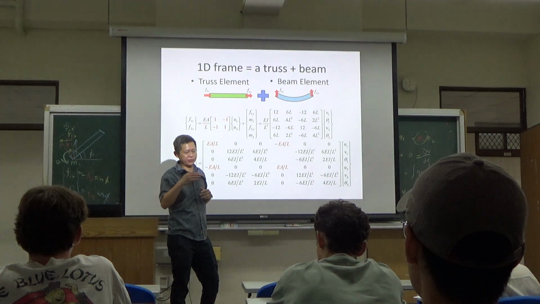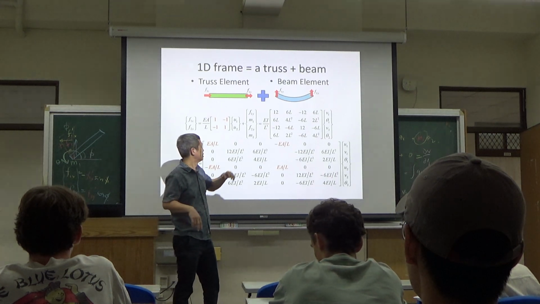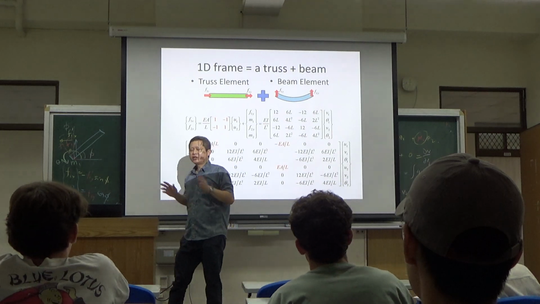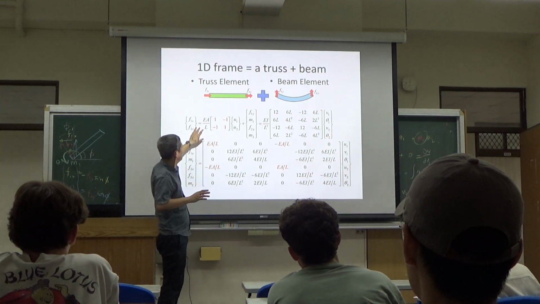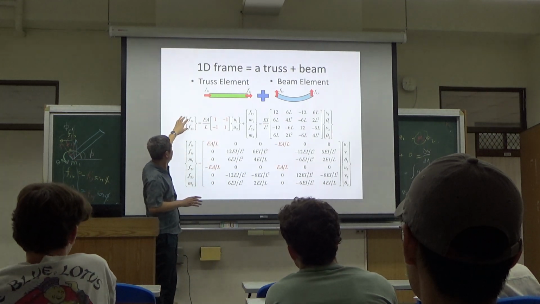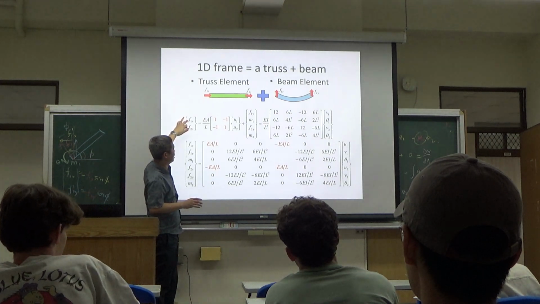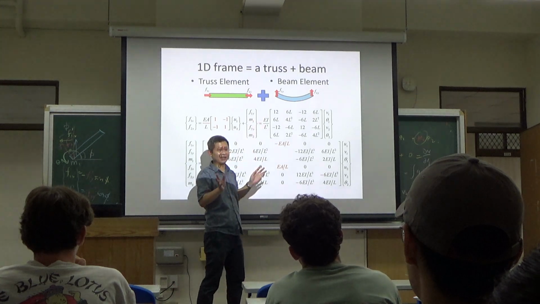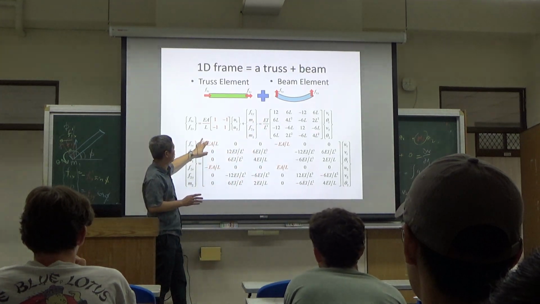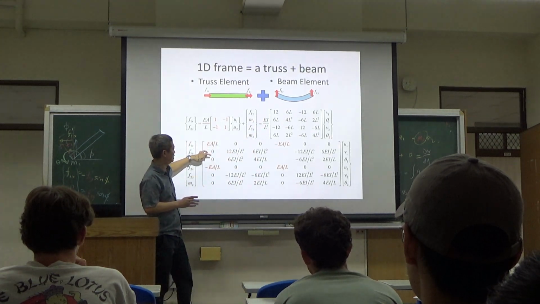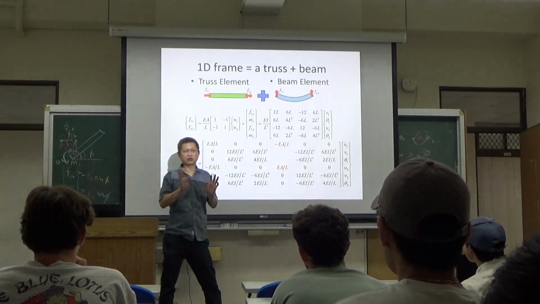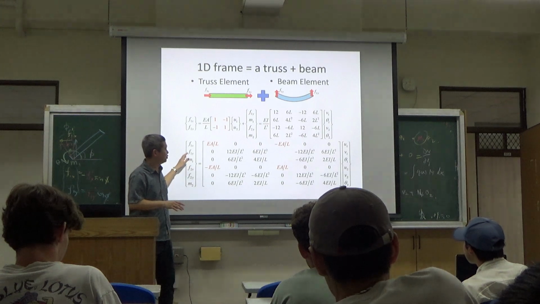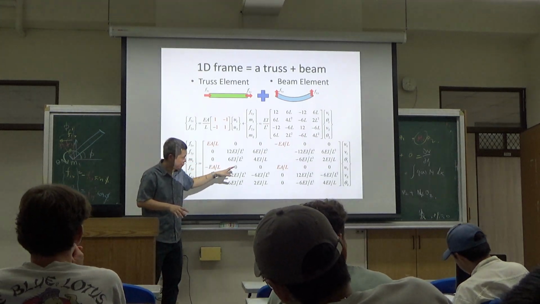Truss only contribute to horizontal displacement. Beam only contribute to vertical displacement. So they don't meet each other. Okay? You're basically having the forces in the x direction plus forces in the y direction. So what you see here, they appear in different rows and different columns. They don't couple. Okay? So it's quite easy to write this.